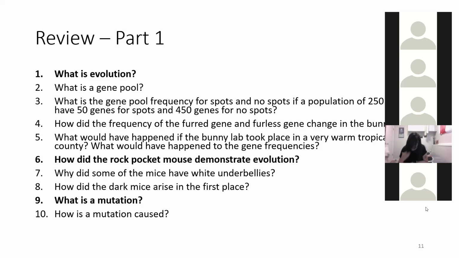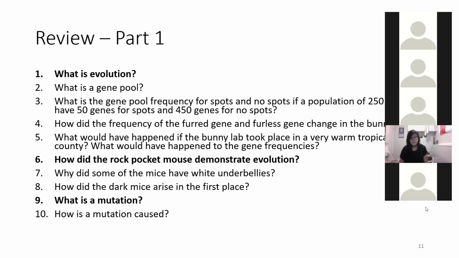And how are mutations caused? Well, there's a lot of different things. It can be as simple as just bad luck, just a copying error. There can be things in the environment that cause it. Can you guys think of anything in the environment that causes mutations? Radiation. Radiation is the big one, right? That's why when you go and get x-rays, they always cover up your reproductive organs.